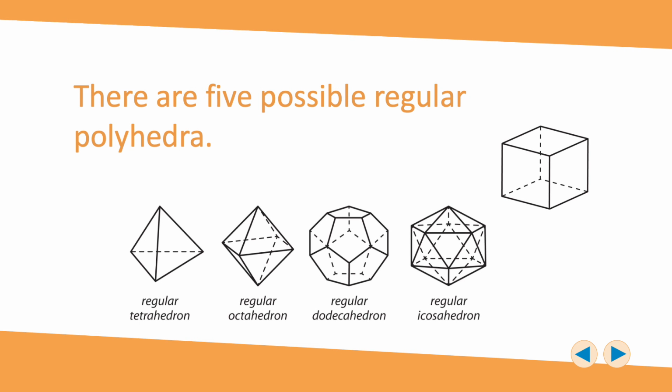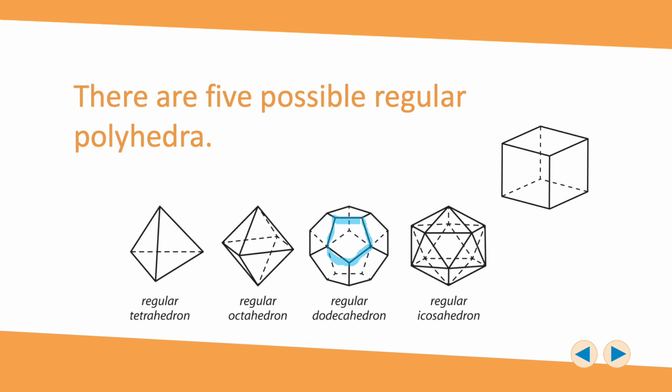We have the regular tetrahedron, okay, with all of my equilateral triangles. We have the regular octahedron, which also uses the regular triangles. The dodecahedron, okay, what shape is this here that a dodecahedron uses?